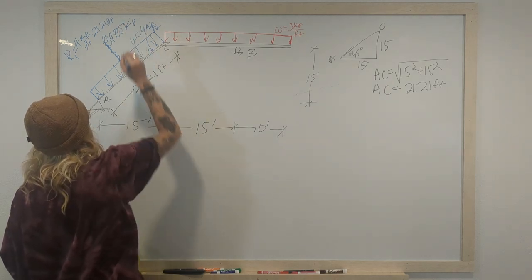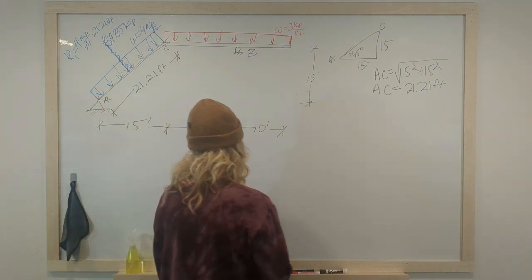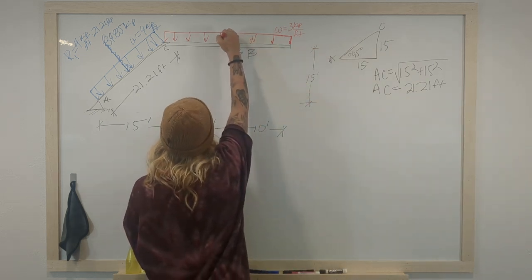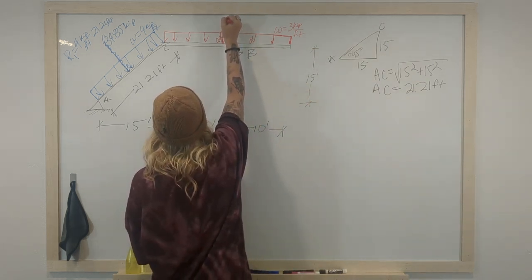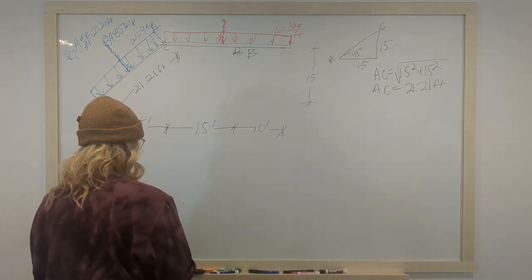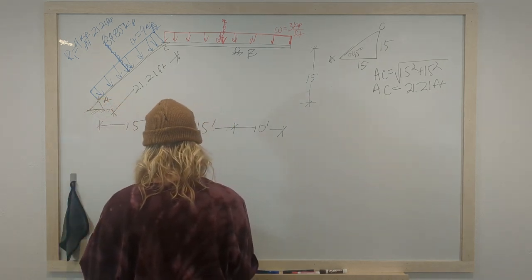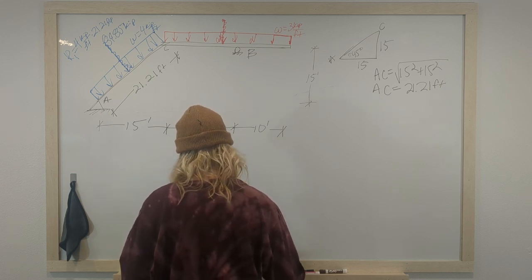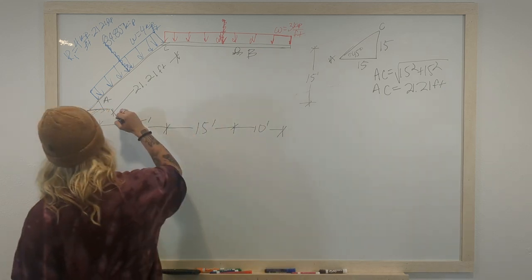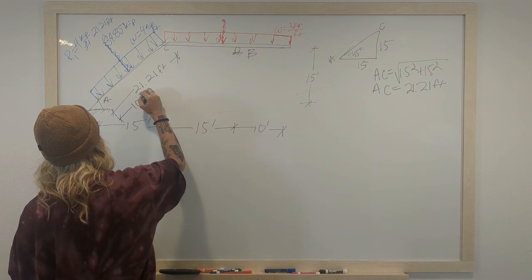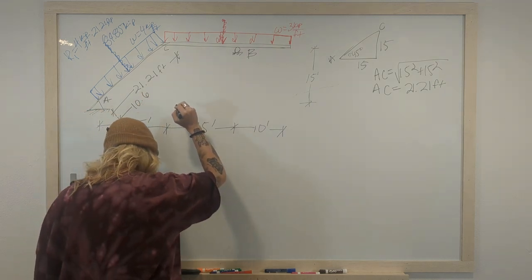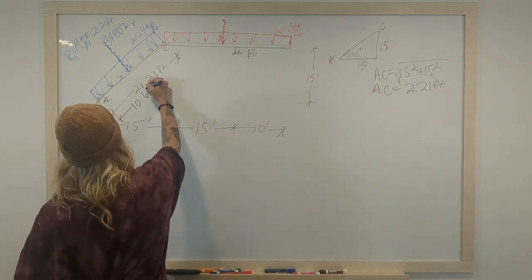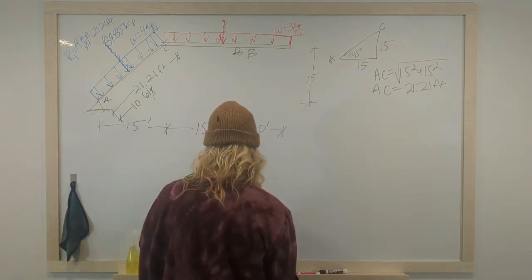kips. All right, let's do the exact same thing with the red load. We have 3 kips per foot. It's going to have a resultant directly in the middle. So what we could have done up here is 21.21 divided by 2. This is 10.61 feet to that resultant.